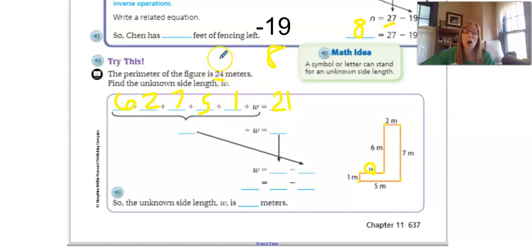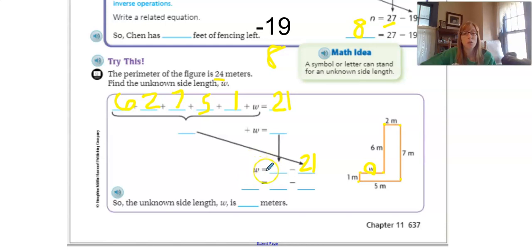Well, we know the total distance around, perimeter equals the distance around, length plus width, the whole way around, is 24. So we want to do 21 plus what equals 24?